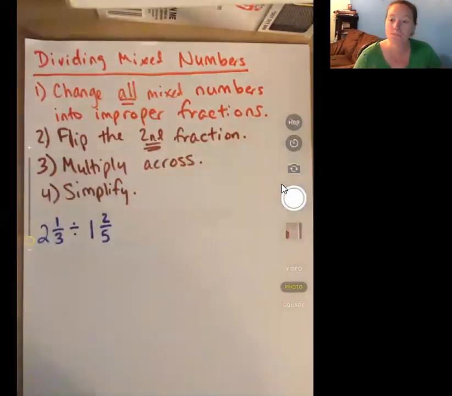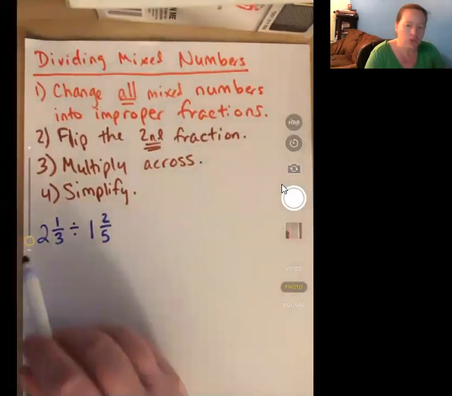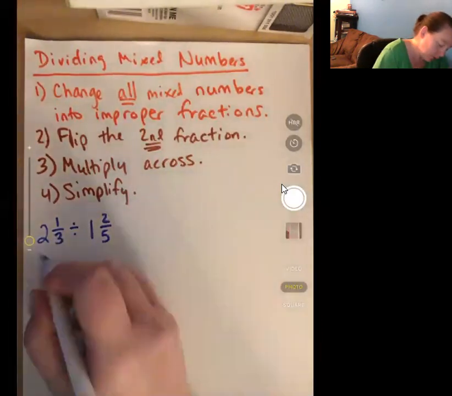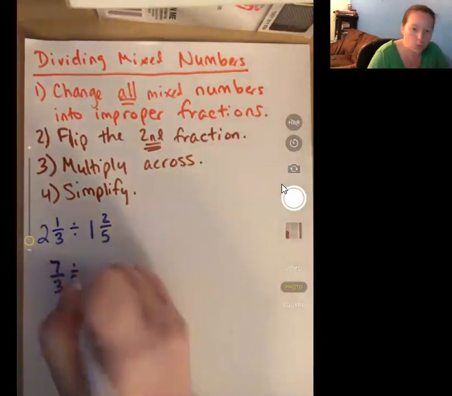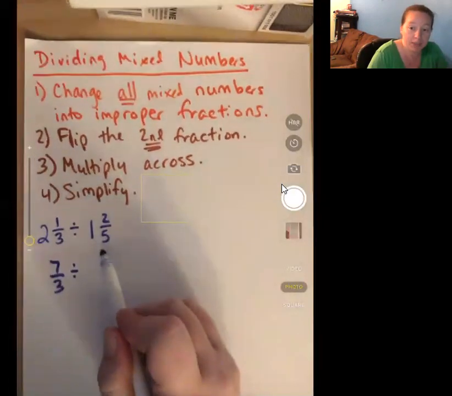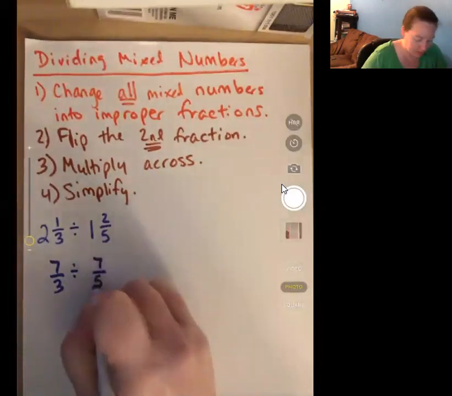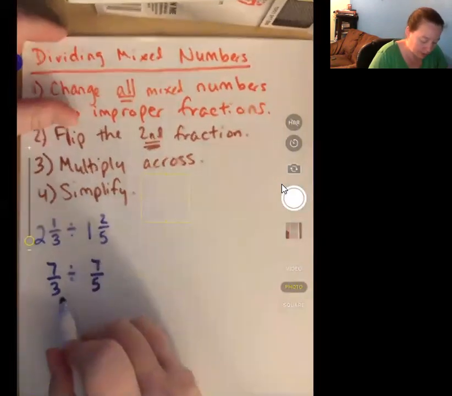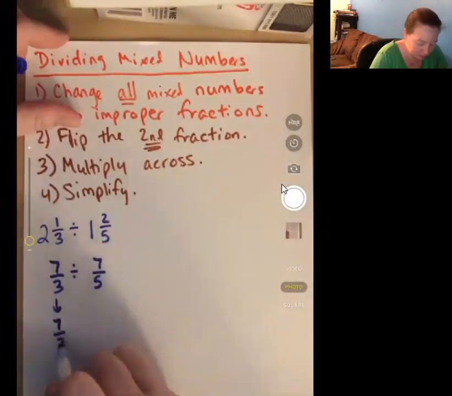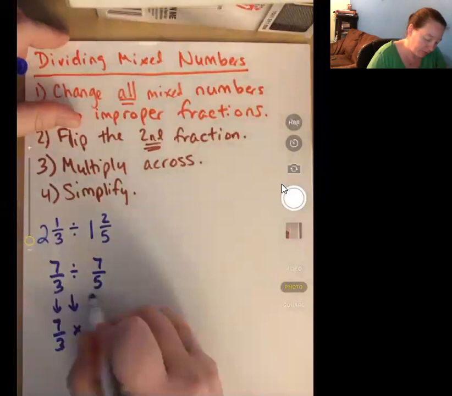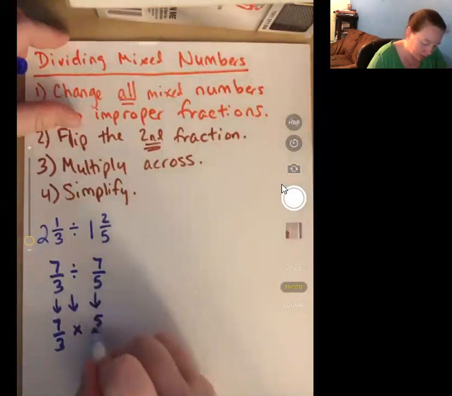Okay. First thing I need to do, change these into improper fractions. So 2 times 3 is 6, plus 1 is 7 over 3, divided by 1 times 5 is 5, plus 2 is 7 over 5. Now I can flip. 7/3 stays the same. Division sign becomes a multiplication sign. 7/5 flips, 5 over 7.